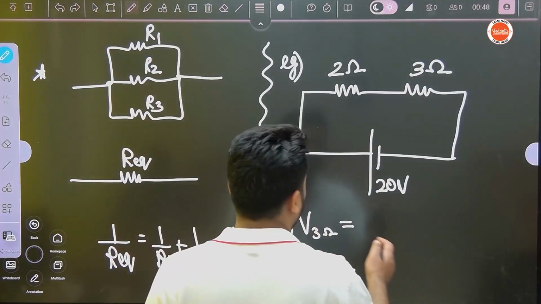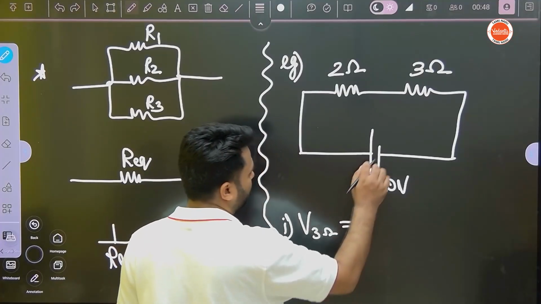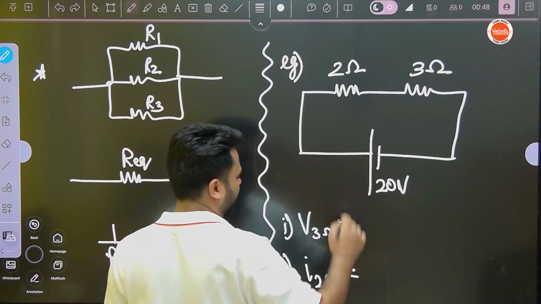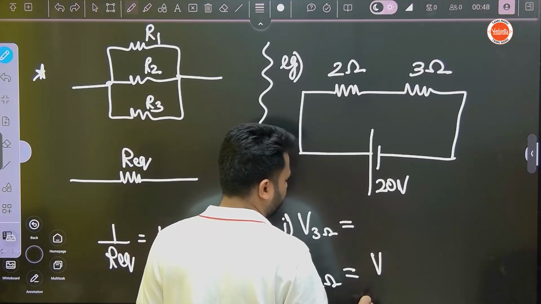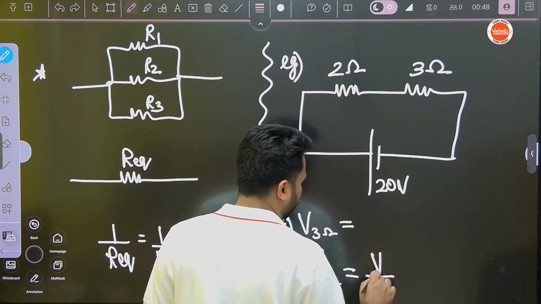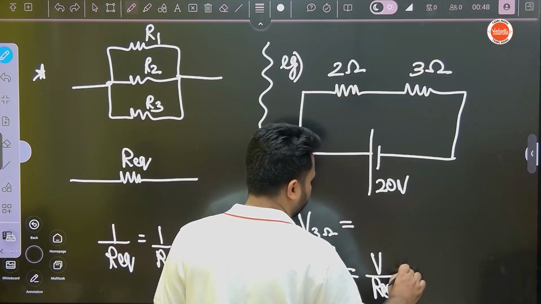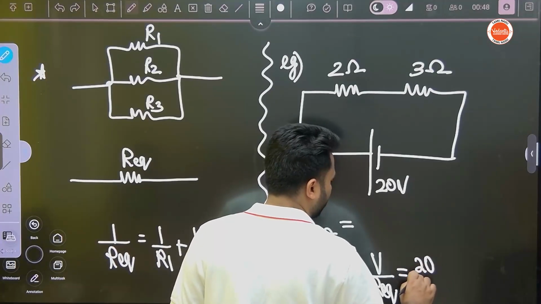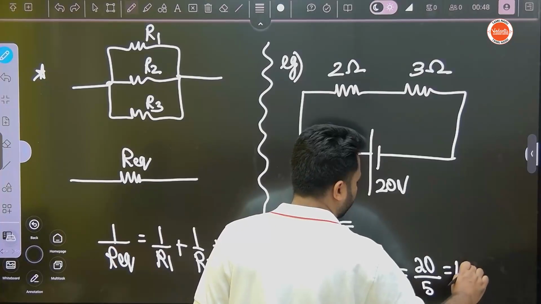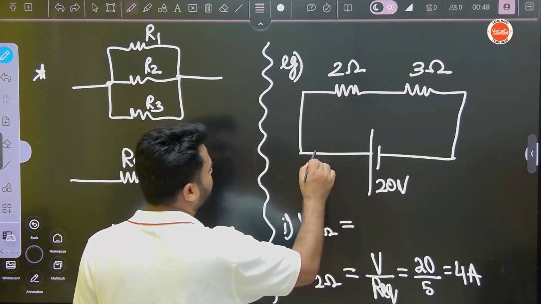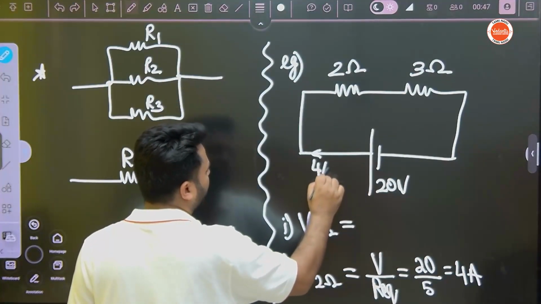First what you do, you have to find the current. So this is in series, so current will be same. So what will be the current? Current we can write voltage divided by R equivalent, net resistance. Voltage is 20, R equivalent is 3 plus 2, 5. So 4 ampere. So 4 ampere will come out of the battery.